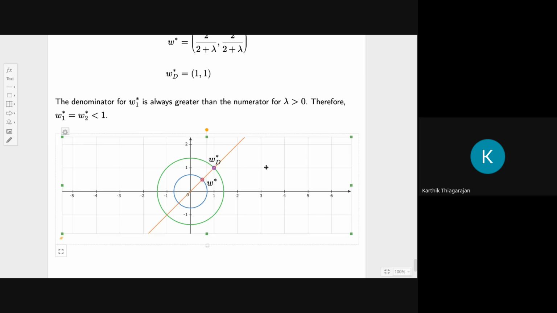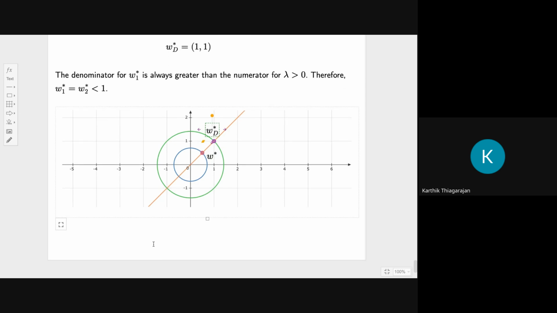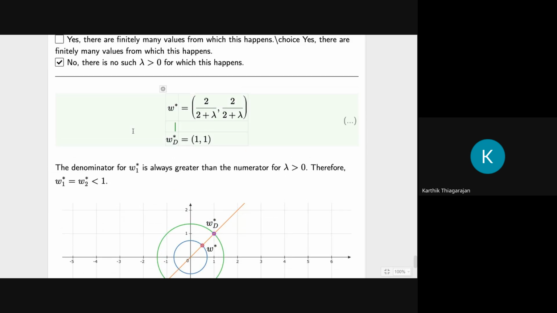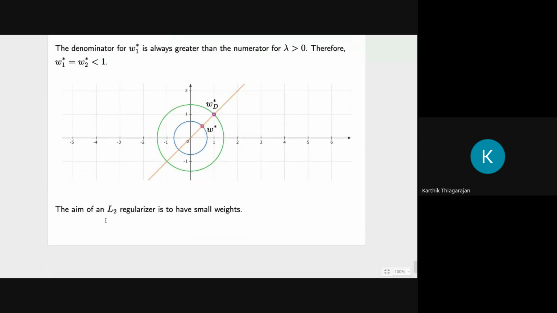So remember that the aim of an L2 regularizer is to have small weights. You could have answered this question even without doing this computation, but that would have been somewhat of a guess. The outcome of having an L2 regularizer is small weights.